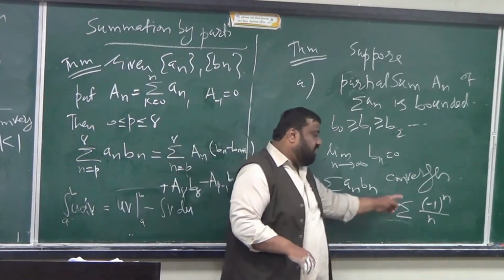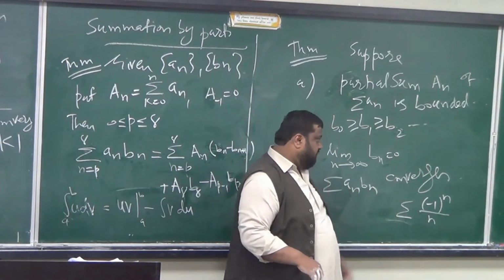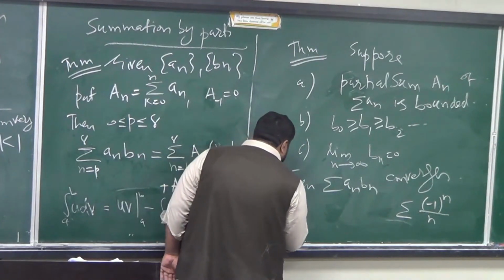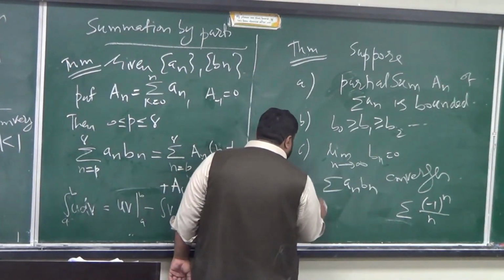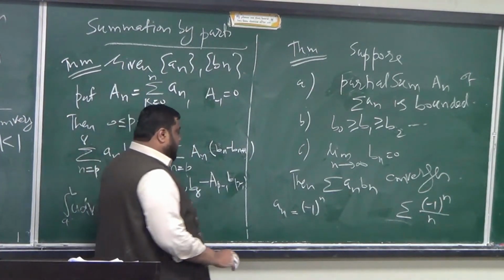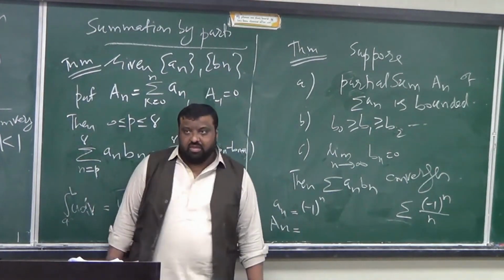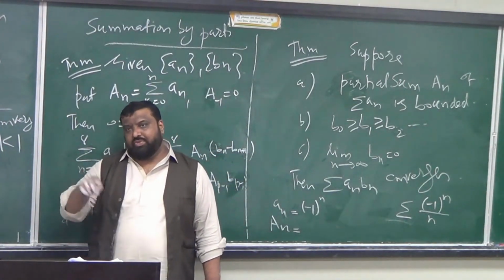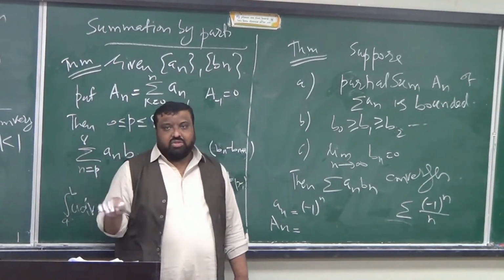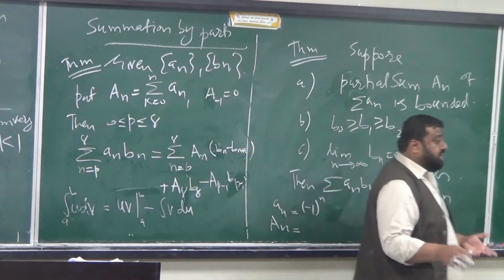You can choose a_n to be minus 1 raised to the power n. I have the sum of a_n. The sum is going to be what? It's like minus 1 plus 1, minus 1 plus 1, minus 1 plus 1, stopping at n.